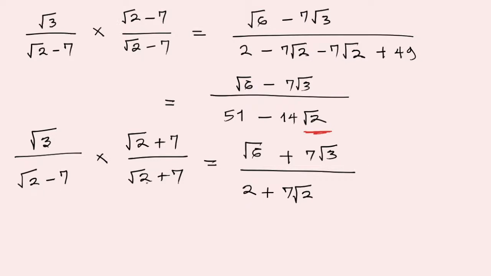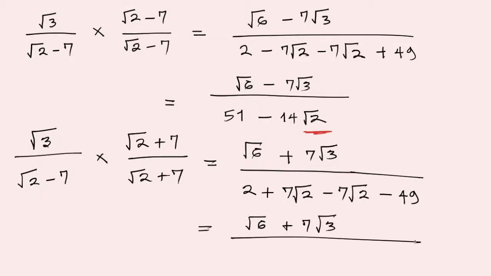Minus 7 multiplied by root 2 becomes minus 7 root 2. And minus 7 multiplied by 7 becomes minus 49. Now if we solve this, it is going to be equal to root 6 plus 7 root 3 over 2 minus 49 becomes minus 47.